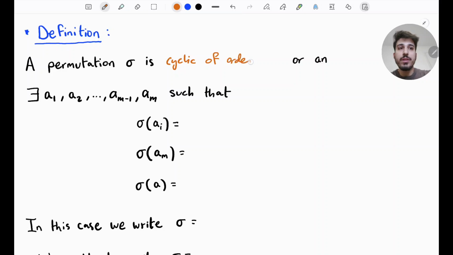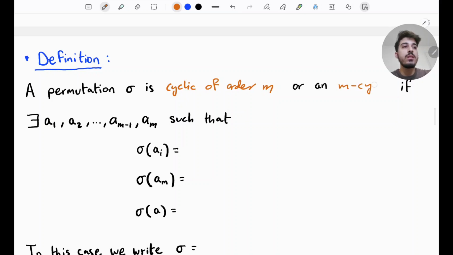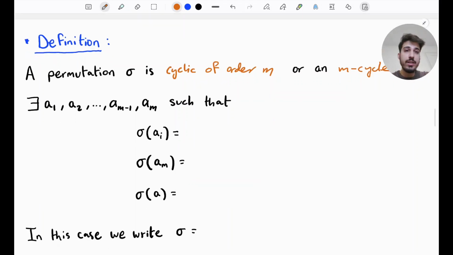of order m, or an m-cycle, if we have a list of elements a1, a2, all the way to am, such that, for any i between 1 and m minus 1, sigma sends ai to ai plus 1.